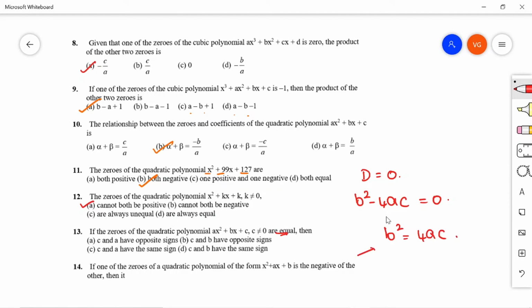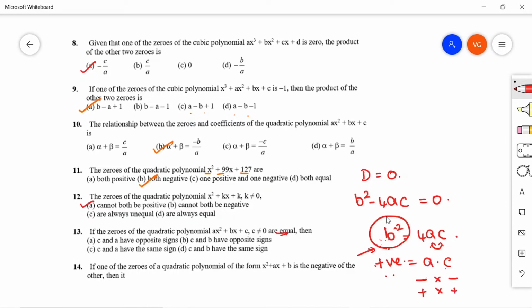If you see your left hand side, b square, b can be any number, maybe positive or negative. As you are taking square, the left hand side will always be a positive number. Coming to your right hand side, A, C. So the product of A and C should be positive. So A and C should have both the same sign, that is minus into minus or plus into plus.